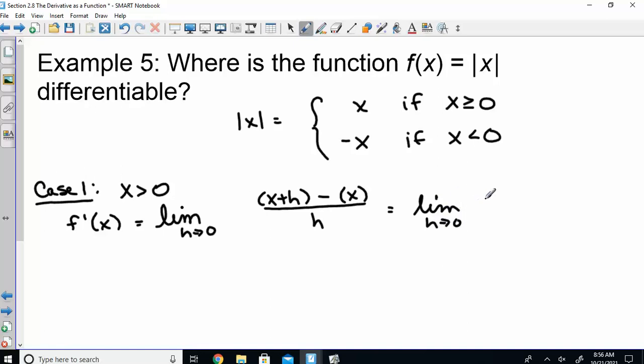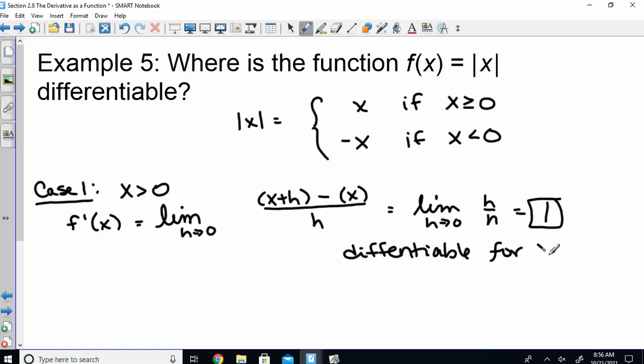As the x's drop, I get h divided by h, which is 1. Okay, so we definitely have a derivative. This is differentiable when my x is bigger than 0. We do get a derivative. It is equal to 1 in that case.